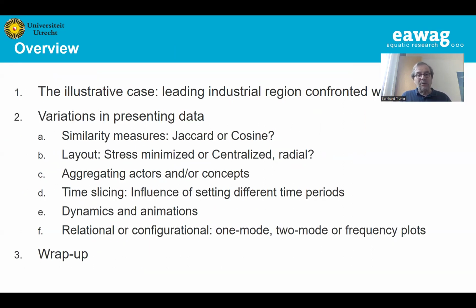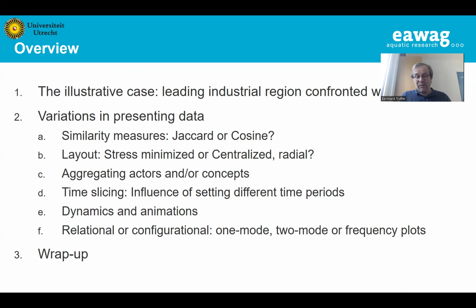So what will the talk be about? I will first introduce you to an illustrative case about a leading industrial region that is confronted with a socio-technical transition, and how this developed over time. I will do that with a very particular selection of parameters, and then stepwise question or vary certain key elements that have an impact on how the data look.